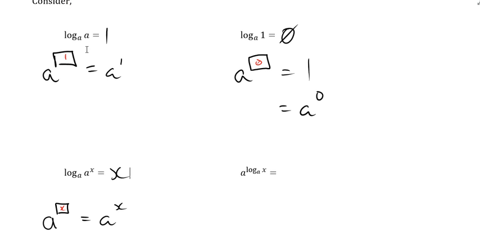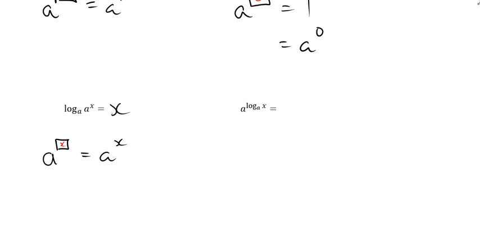If we go up here, this one is like a to the 1, and for the same reason it worked out as a to the 1. Down here it's the same idea. We just realized that it's not just 1, it's actually the exponent. It happened to be 1 in that first example.